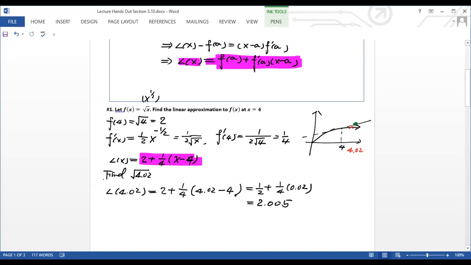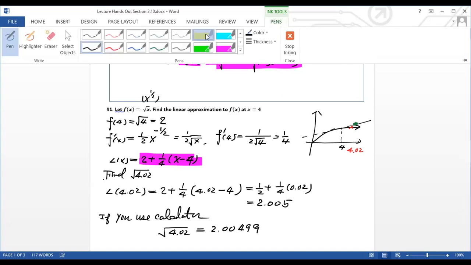Right, so you estimate the 2.04. If you use the calculator and put the square root of 4.02 in your calculator, what you're going to get is 2.00499.